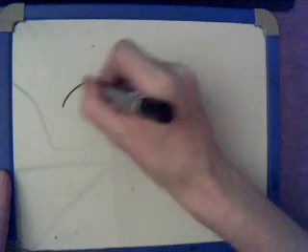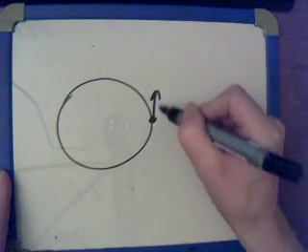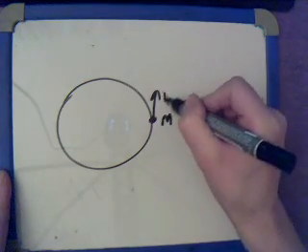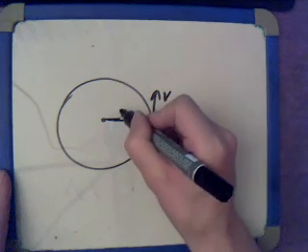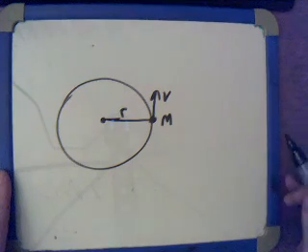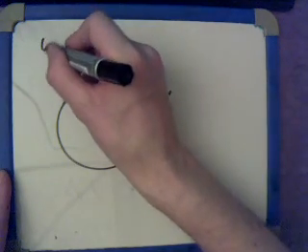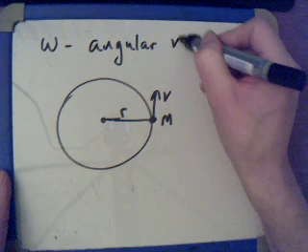So here we have our circle, particle, mass m, velocity v, on a string, radius r. I haven't written down C anymore for the center. Now we're talking about omega, the angular velocity.